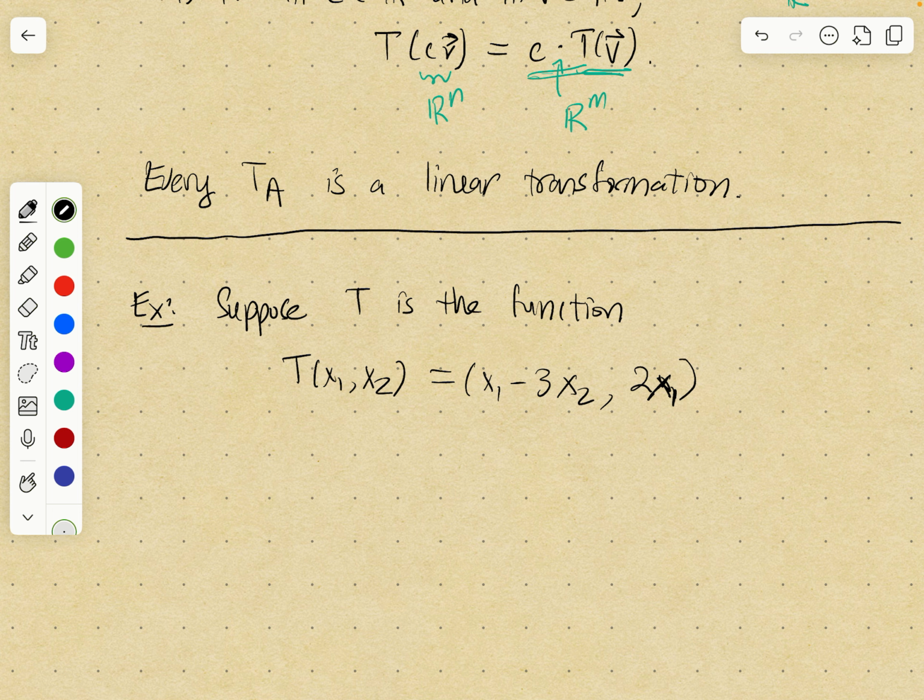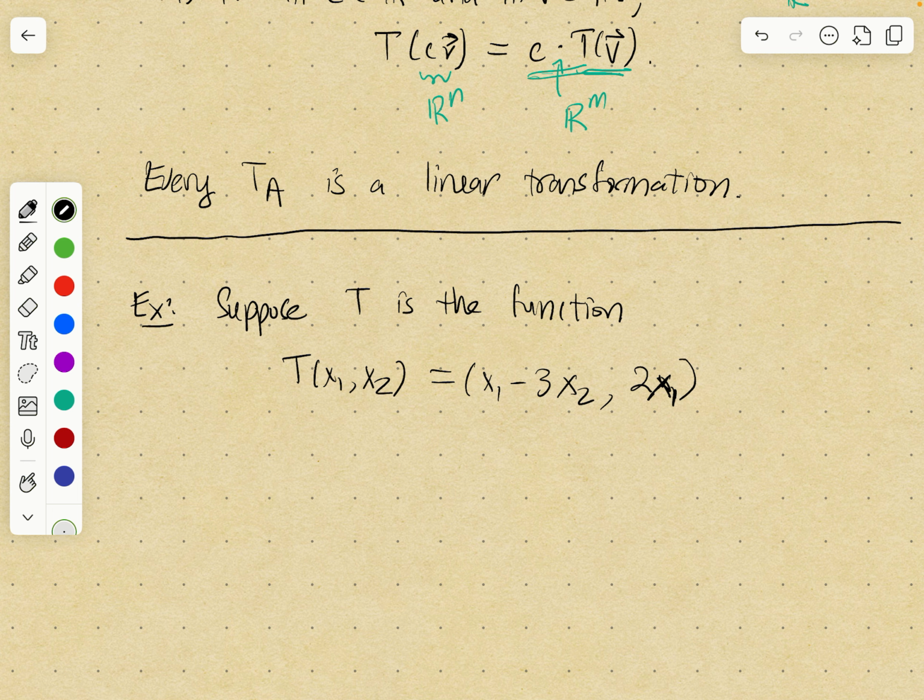By the way, I should say something about the notation. When we have a linear transformation taking Rn to Rm, we often think of Rn and Rm as being points instead of vectors. So this is saying that if you plug in the point x1, x2, you get the point x1 minus 3x2, 2x1.